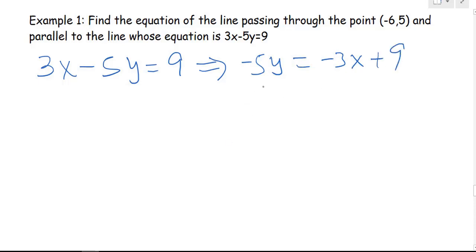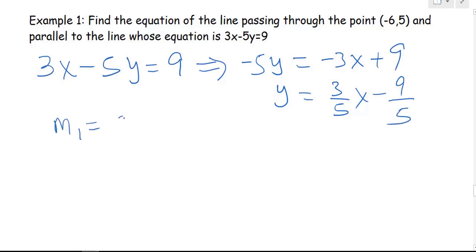Divide both sides by -5, and we are therefore going to have y = 3/5 x - 9/5. For this equation, the gradient m1 is equal to 3/5, which means that the gradient m2 is also equal to 3/5.